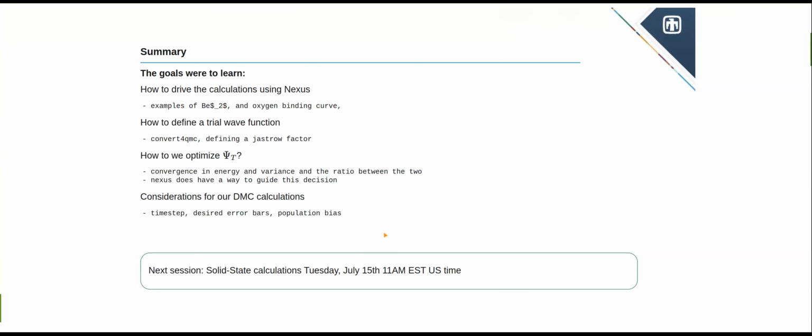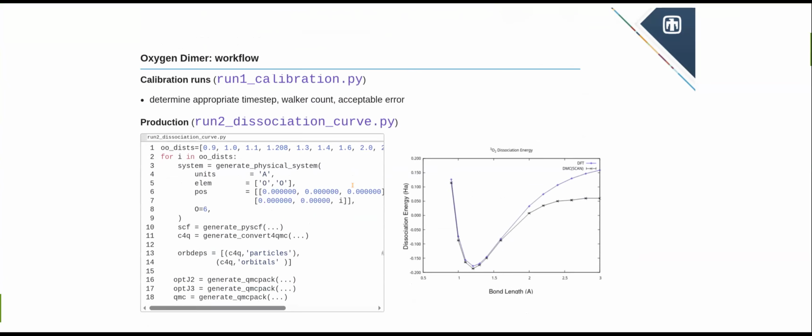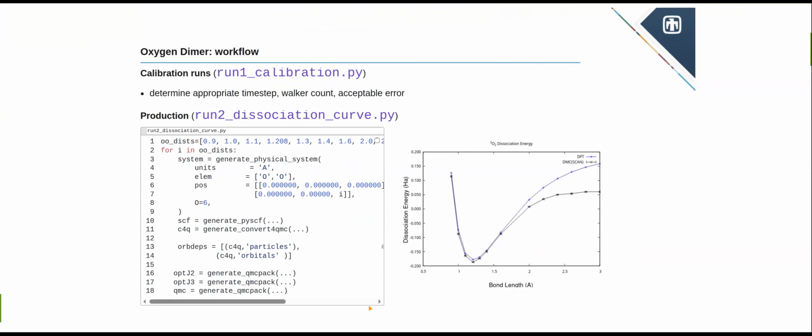It'll be very helpful ahead of the solid state calculations examples. And also hope it's clear, as Amanda said, that the workflow system is very helpful here. You can do an entire binding curve from actually quite a short Python script. So that's quite a sophisticated workflow and a good starting point for your own work.